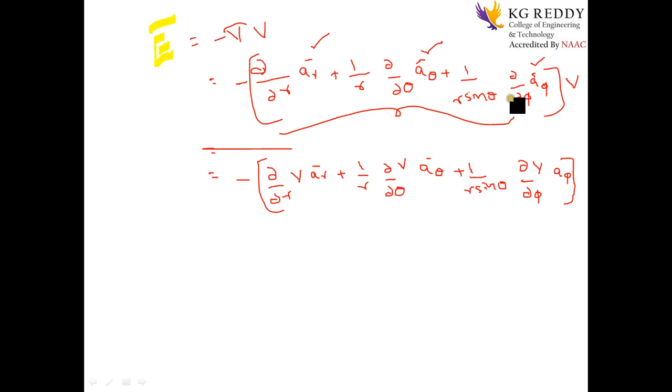We have already seen how to represent the del operator for all coordinate systems, whether rectangular, spherical, or cylindrical. Now, before going to dou V by dou phi A phi, we already have the absolute potential, so we need to replace that absolute potential in this equation.